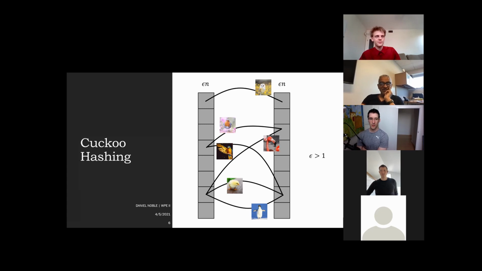So is this a problem? For a lot of cases, it isn't really a problem. For most data structure situations, we can simply rebuild the table if this occurs. So Dagger and Rodler showed that if you insert n elements, the probability that there is a build failure like this is 1 over n.